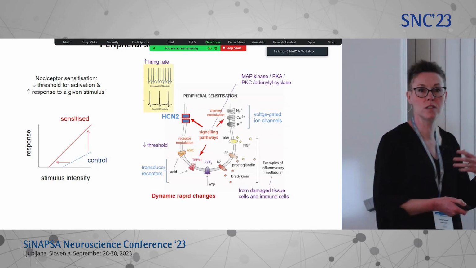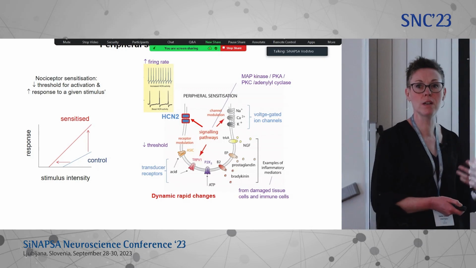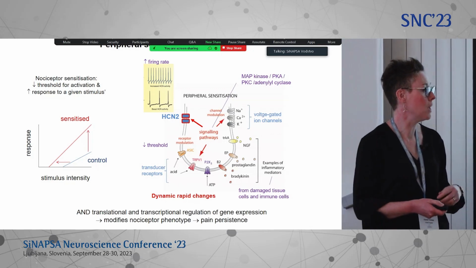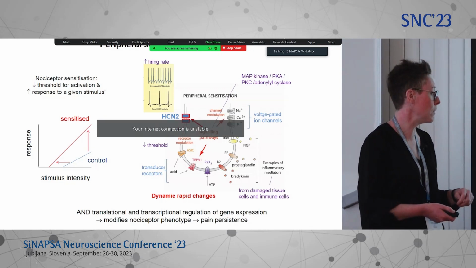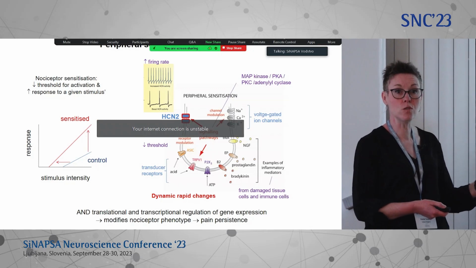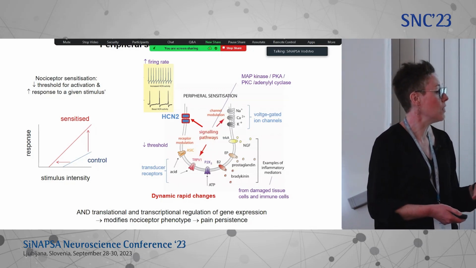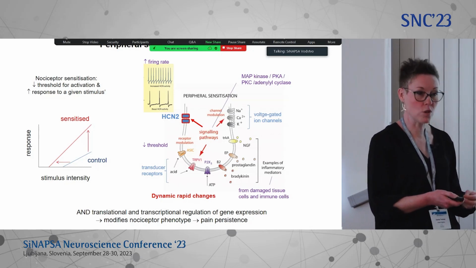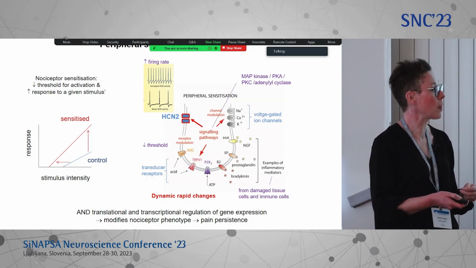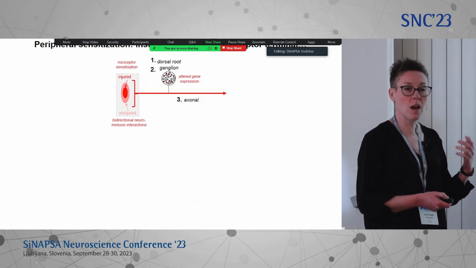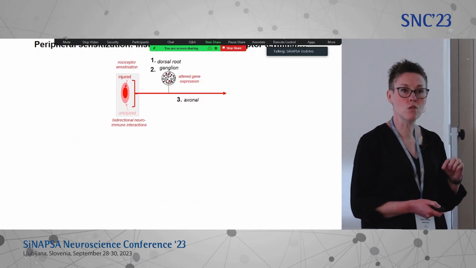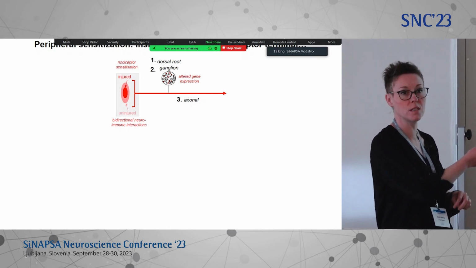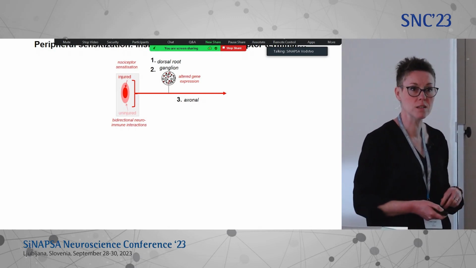Importantly, these changes take place very rapidly, allowing the somatosensory system to dynamically respond to injury. But there are also longer-term translational and transcriptional regulation of gene expression that can modify nociceptor phenotype and be important for pain persistence. So more recently, there is growing evidence that signals are not just passively transmitted from the periphery to the CNS.